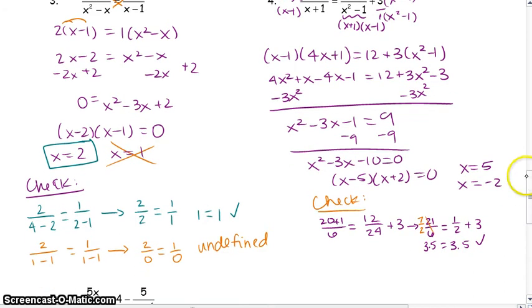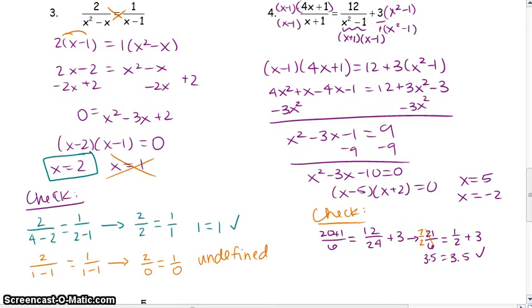So now let's test our answer of negative 2. So when we plug that in, we get a negative 8 plus 1. So that's a negative 7. And then we get negative 2 plus 1, so it's negative 1. And that equals 12 over negative 2 squared.